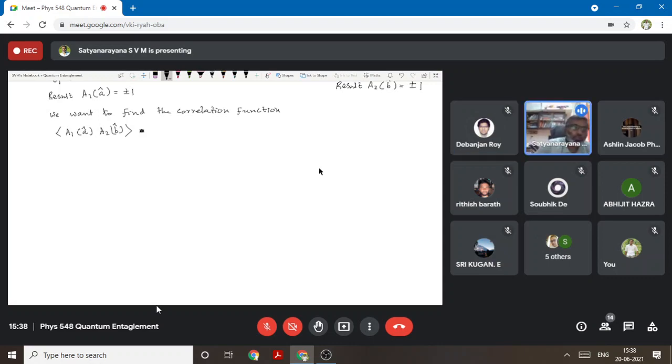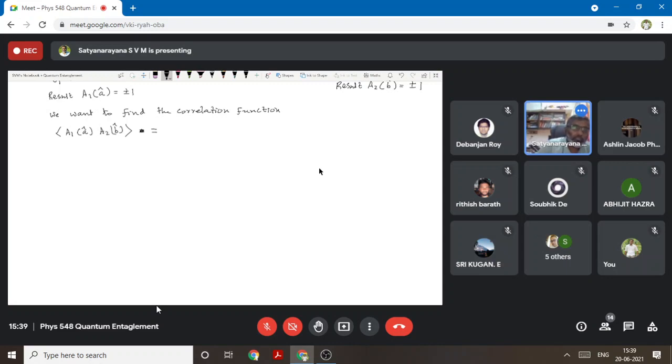So I want to calculate this. I'm going to use basic probability theory. When A1 and A2 are both equal to 1, this product is going to be 1.